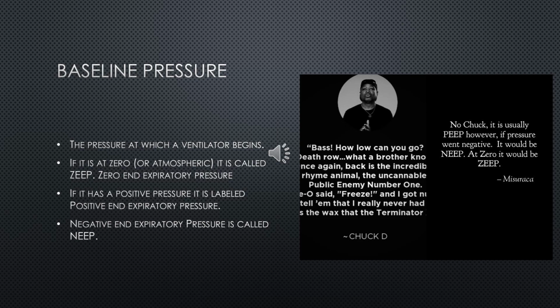You'll see CPAP in a CPAP machine. And negative end expiratory pressure used to be a way that we would pull the exhalation out of a patient with NEEP, negative end expiration. So pretty cool stuff.